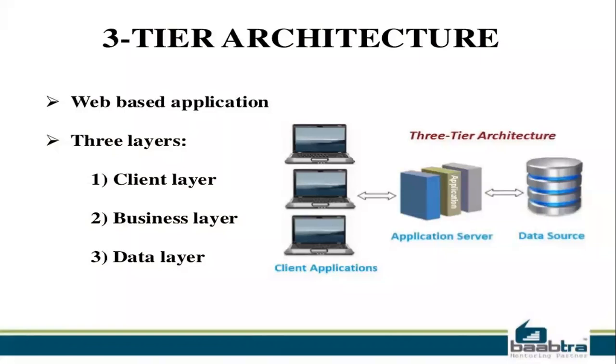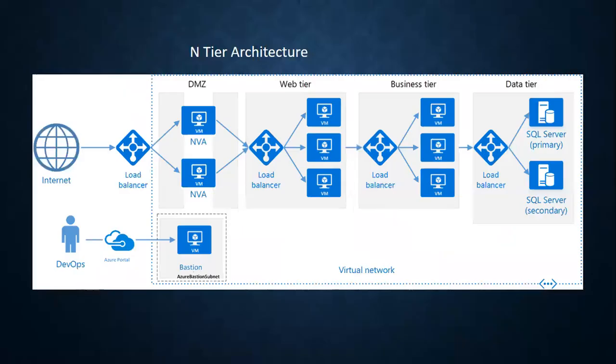These are called web-based applications. This three-tier architecture is used for medium-scale applications, not bigger ones. And coming to the entire architecture, the advantage is that we have load balancers in it.